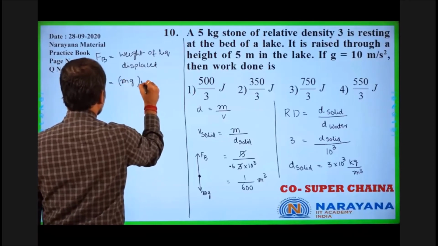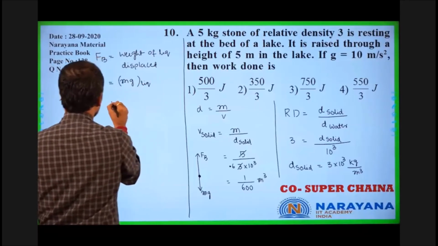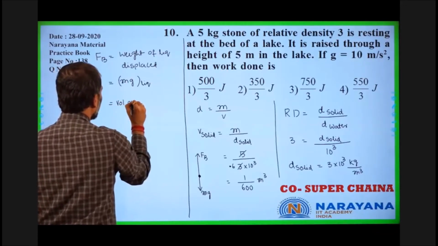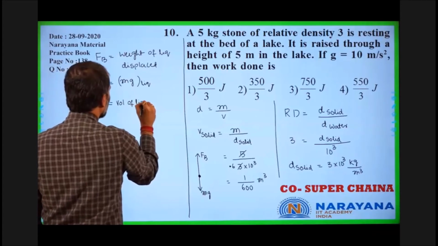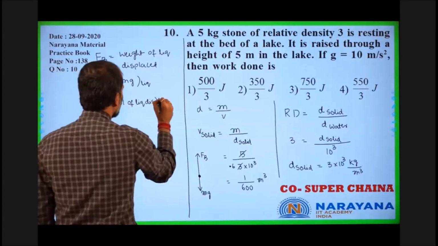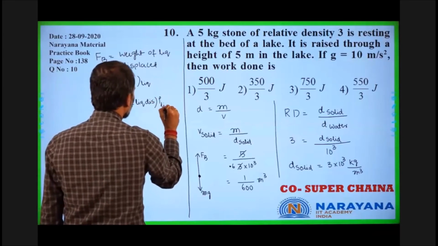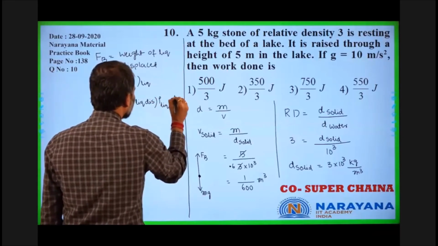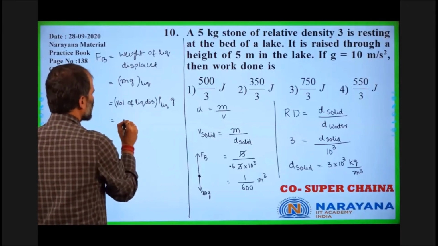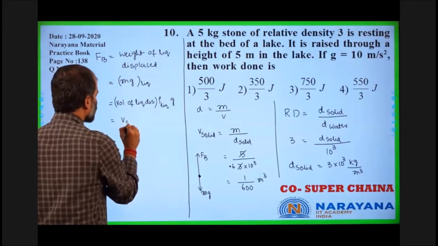So mass can be written as volume of liquid displaced into density of liquid into acceleration due to gravity. Volume of the liquid displaced is equals to volume of solid.